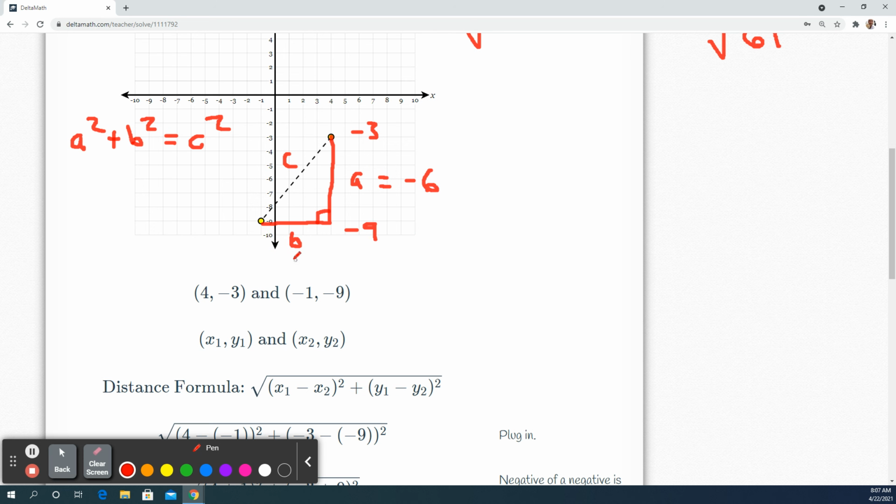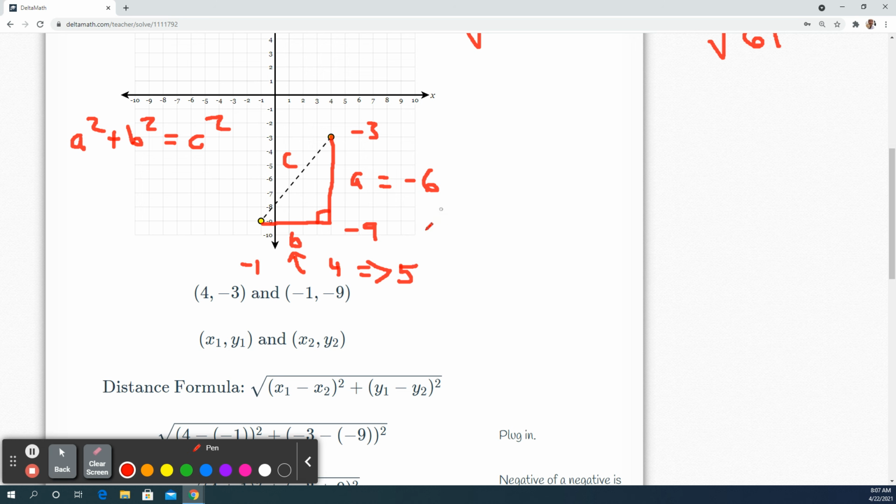The other one, the B values right here, that would be the X values, the change horizontally. And we got a -1 to 4. How has -1 to 4 changed? It changed by 5.